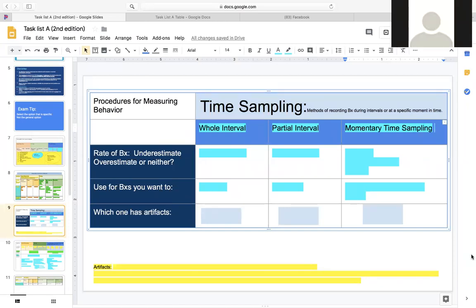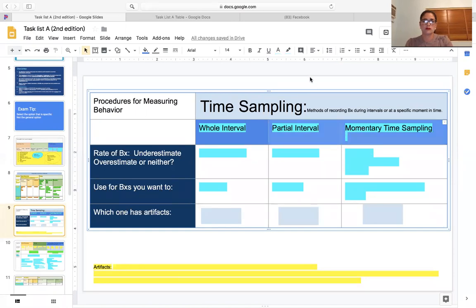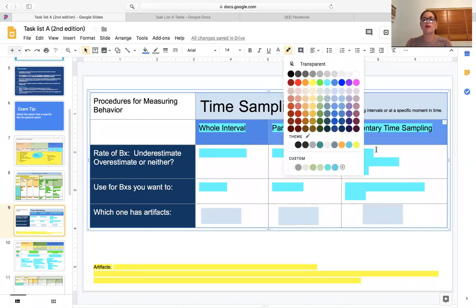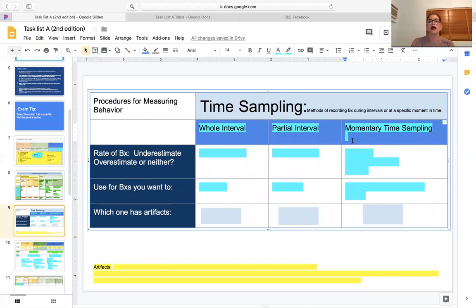Play check. So let's just remember the same thing for momentary, but it's for play check, which is for one person or a group of people? It's a group.